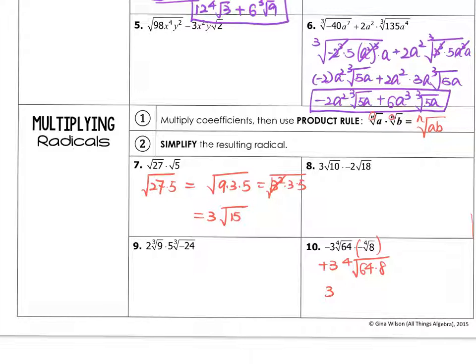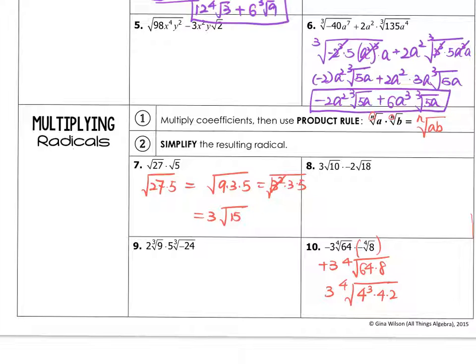But notice that 64 times 8, rather than multiplying it out, notice that I have 16 in there, right? So it's 4 raised to the third power times 4 times 2. So 64 can be factored into 4 times 4 times 4, or 16 times 4.